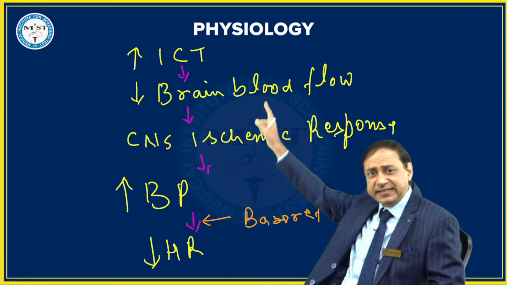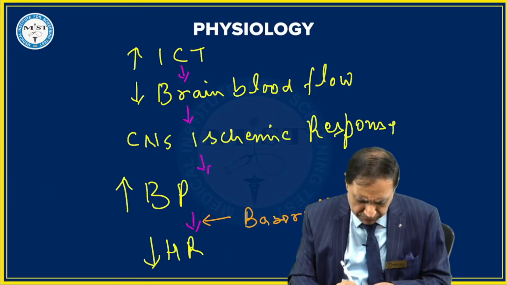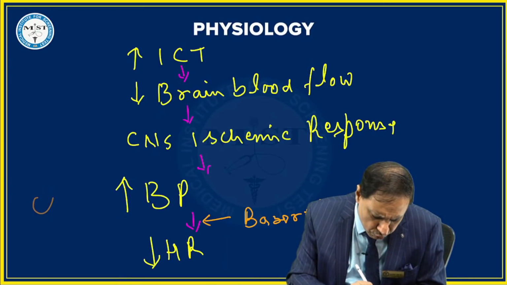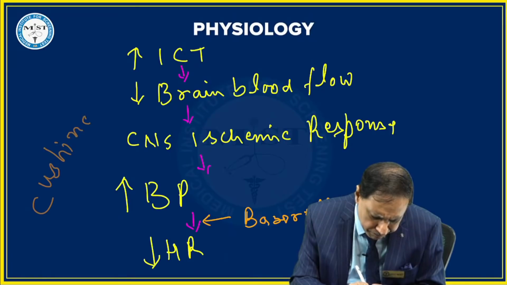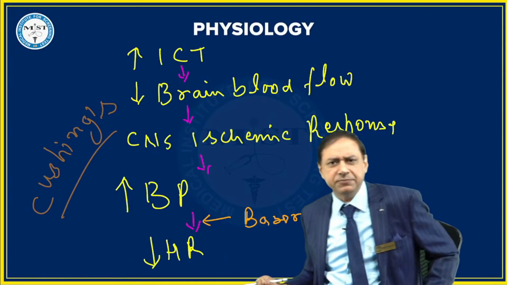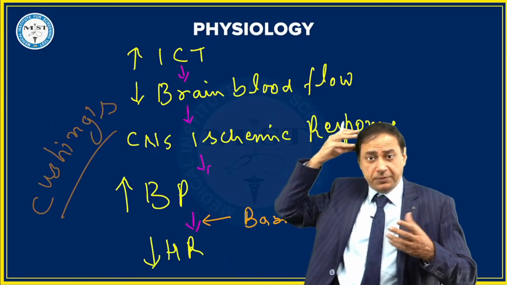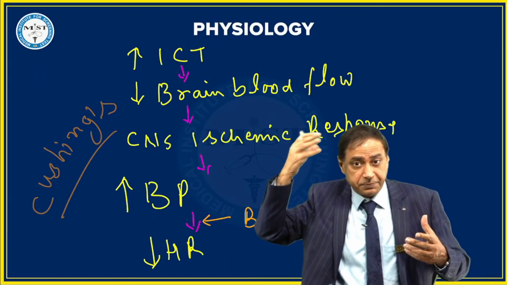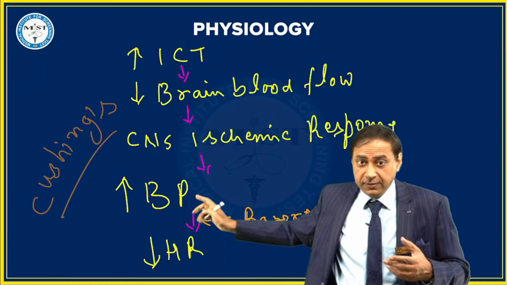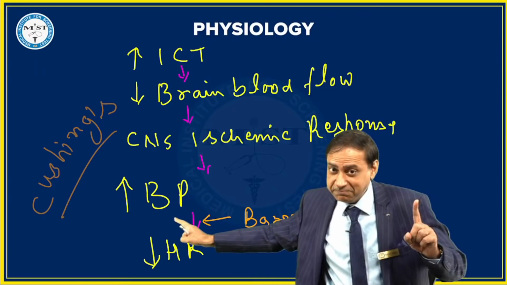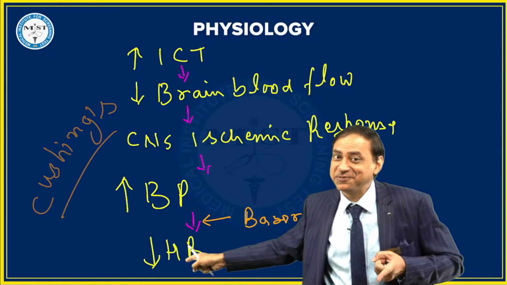This entire sequence of events is known as Cushing's phenomenon or Cushing's reflex, sometimes they call it Cushing's phenomenon. So in case of a patient with increased intracranial pressure, his BP will be high, but heart rate will be low.